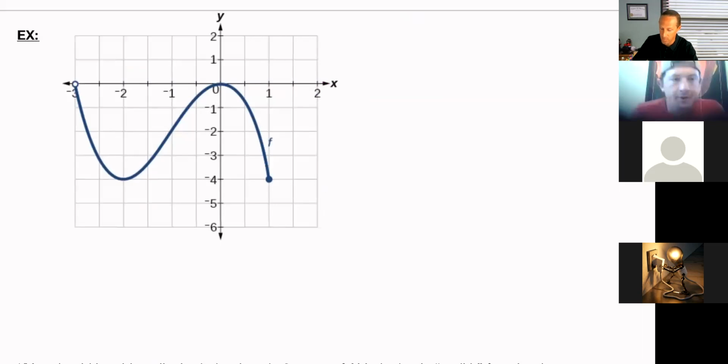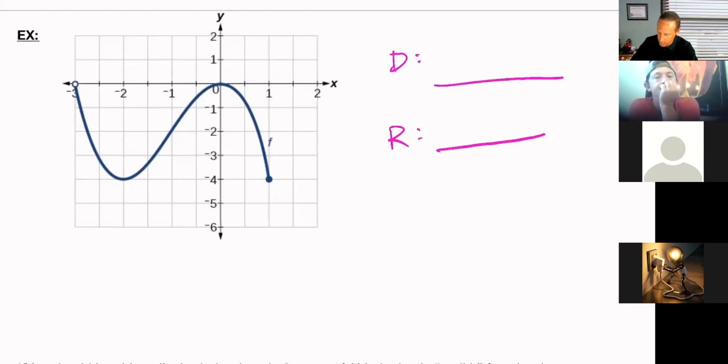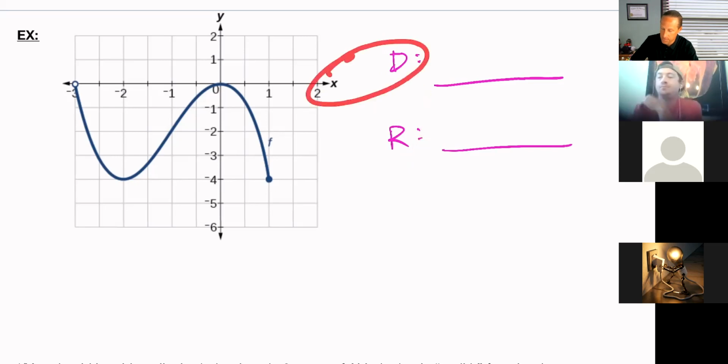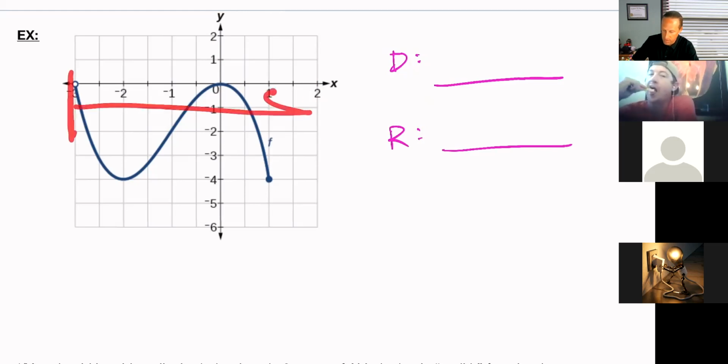How about here? Could you guys give me the domain and then the range? What is the domain looking at? Keep it alphabetical. The D is the X, R is the Y in order. Okay, -3. Good. We're going to go from left to right and we're going to read this thing. Where do we start? -3.